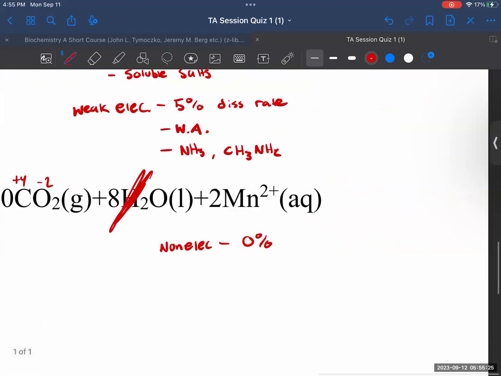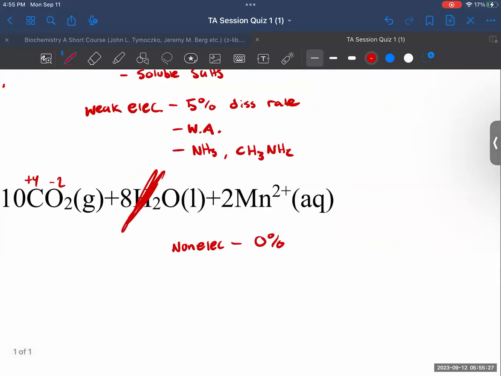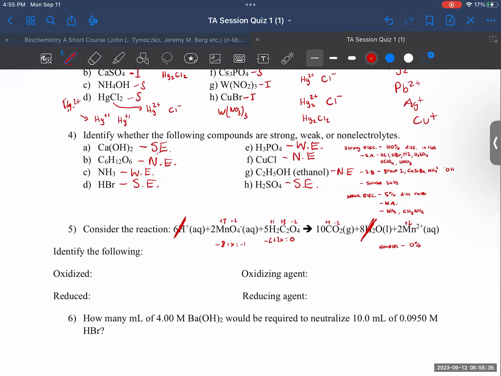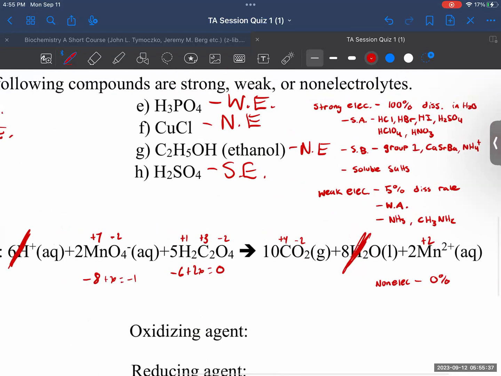All right, and what about this last manganese 2+? Yeah, 2+, it's staring at you right in the face. All right, so now that we've gotten all that out of the way, which one of my compounds here, or sorry, not compounds, what is getting oxidized?